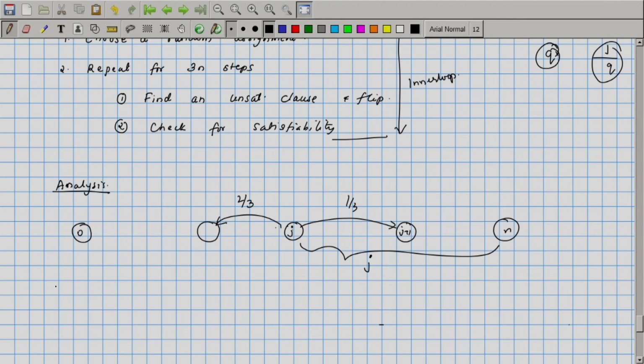So, assume that the starting assignment disagrees with S. S is known to be a satisfying assignment. So, the starting assignment disagrees with S on j positions.